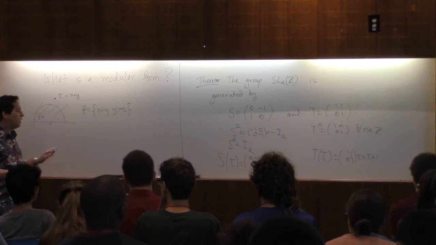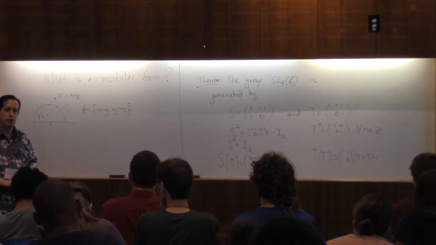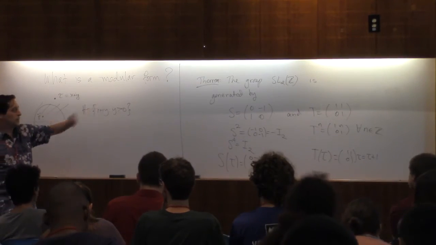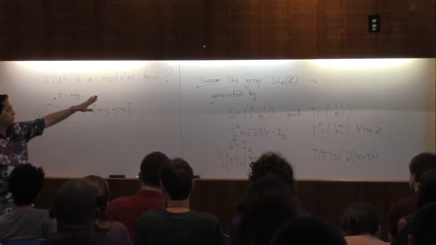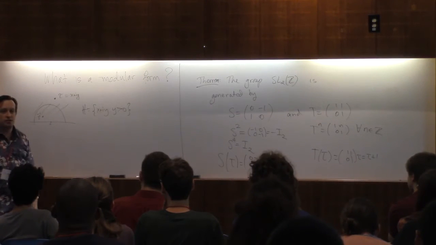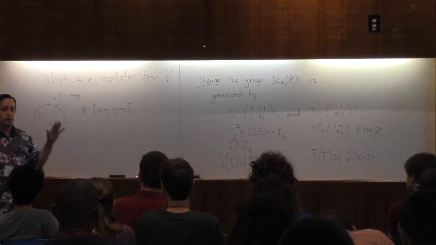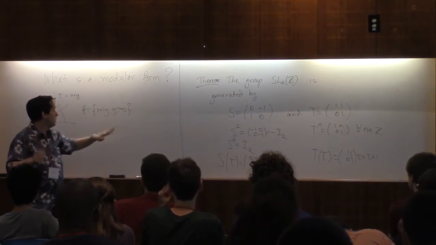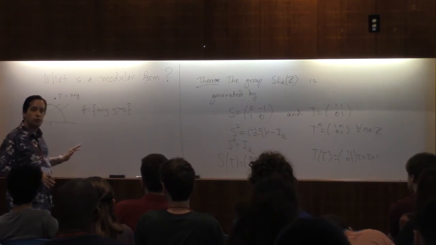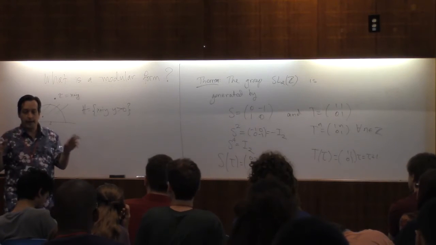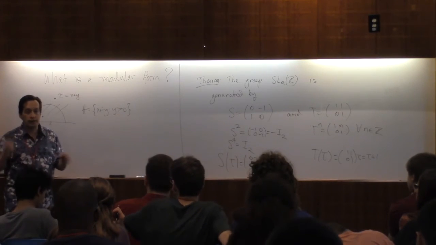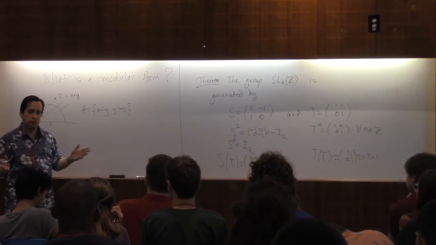But I don't want to stress this point too much. Some people, when they develop modular forms, will not work with the group SL2Z. They'll work with the group SL2Z modulo plus or minus the identity. In linear algebra, two different matrices will definitely not act the same everywhere. At least on (1, 0) or (0, 1), there'll be a difference.